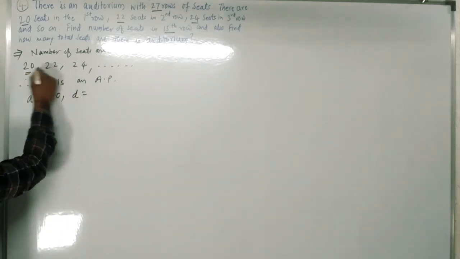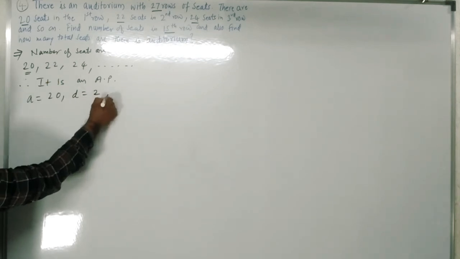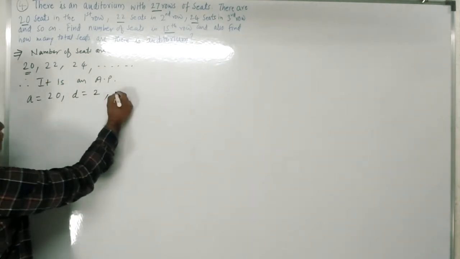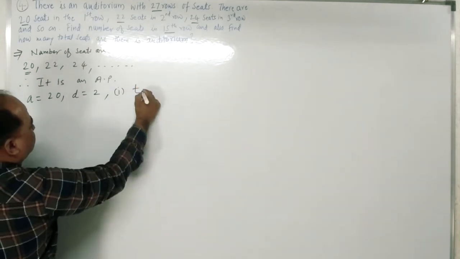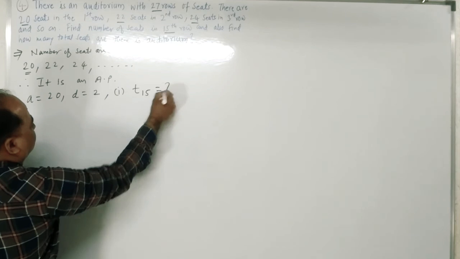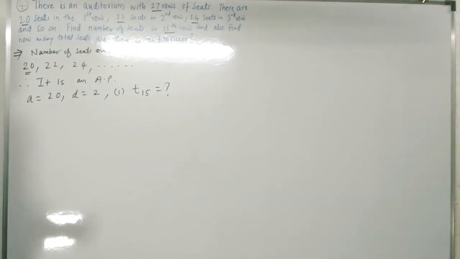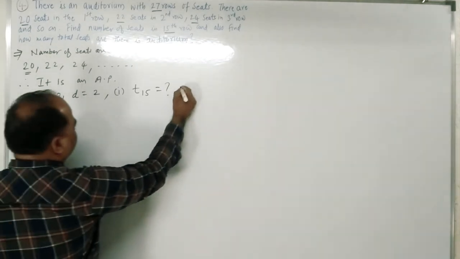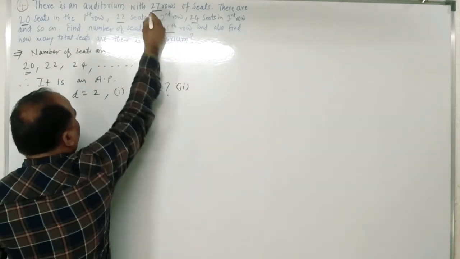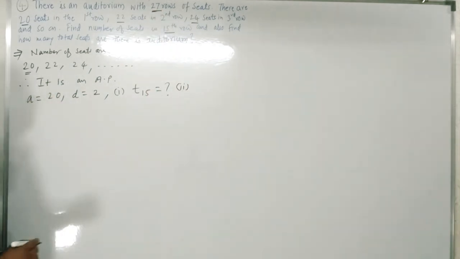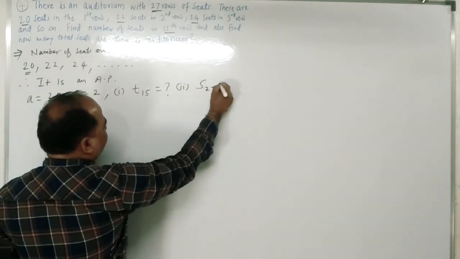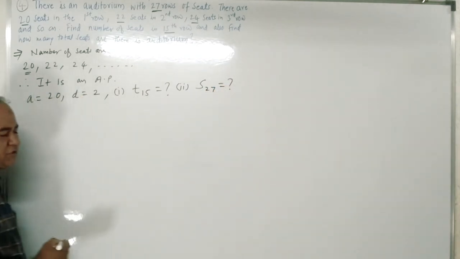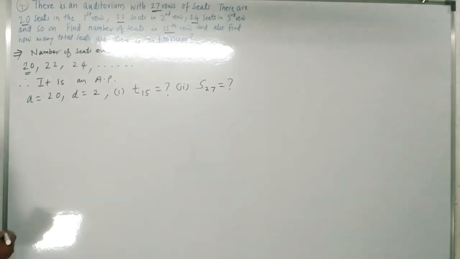Common difference 22 minus 20 is 2. Here we have to find first how many seats are there in 15th row, T15, and then in the second part, total rows in the auditorium are 27, so we have to find S27, total number of seats in the auditorium.